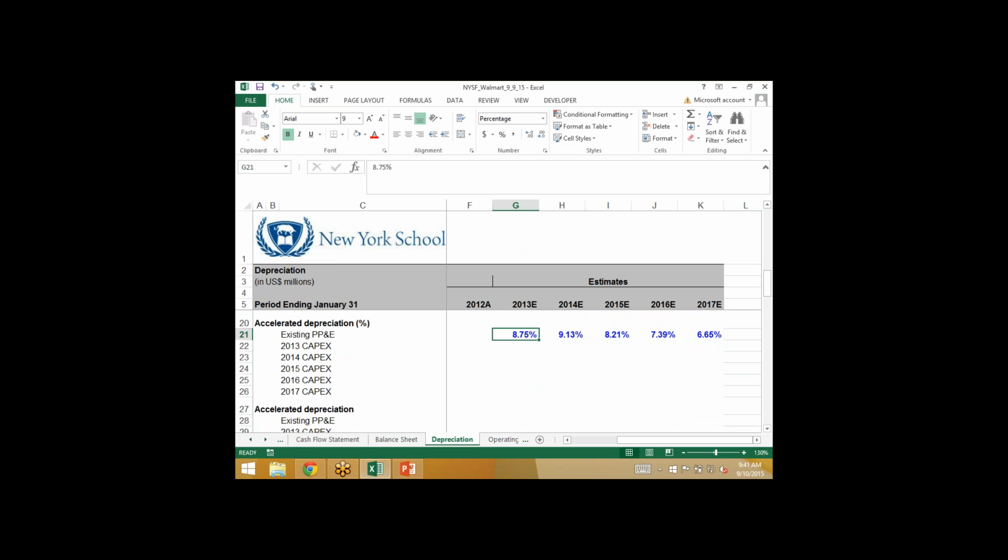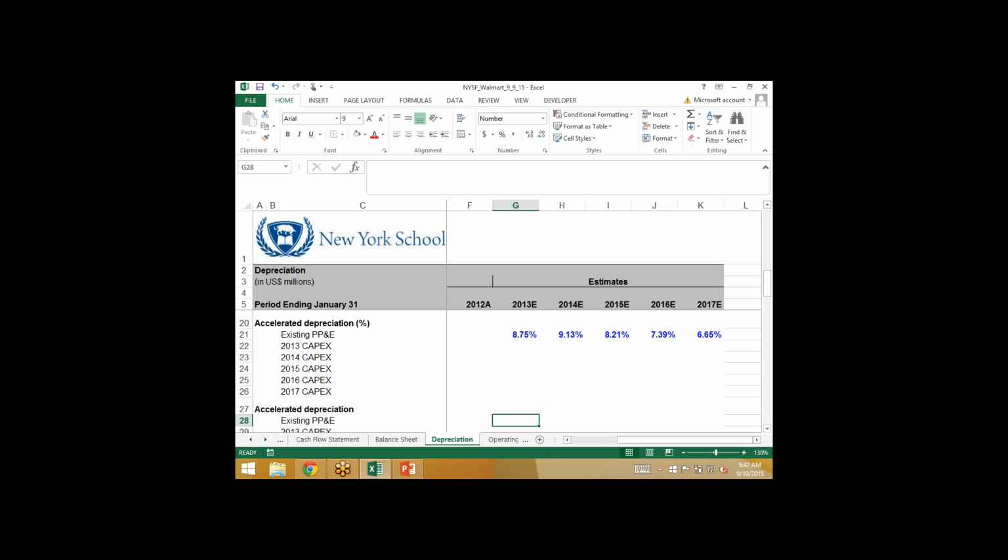And we will apply those percentages to the value of the asset to create the implied depreciation. You guys got that? 8.75, 9.13, 8.21, 7.39, 6.65.